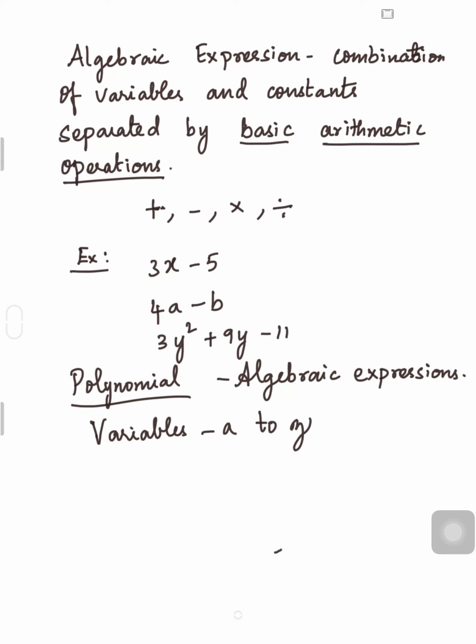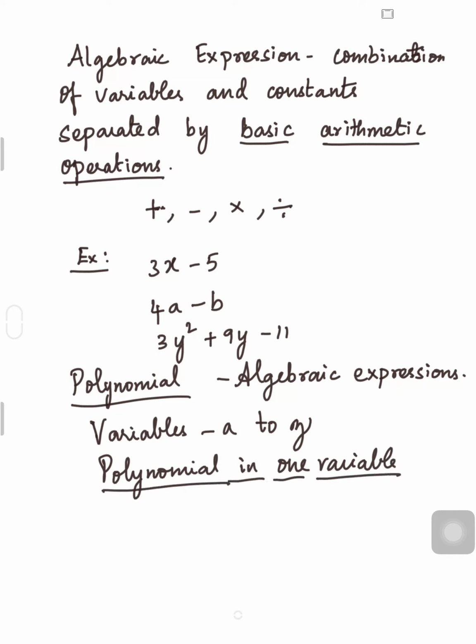Let me give you some examples of a polynomial in one variable. It can be 3p squared minus 11, and it can be even 4x squared minus 2x plus 5. Here in this polynomial there is only one variable p, and in this polynomial there is only one variable x.